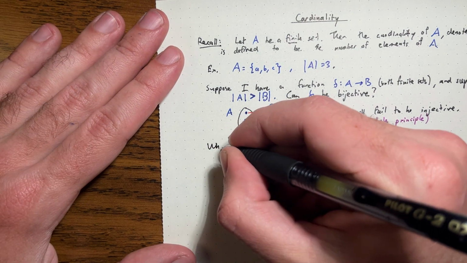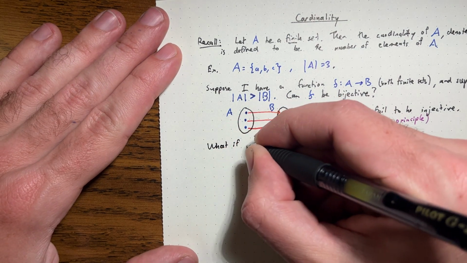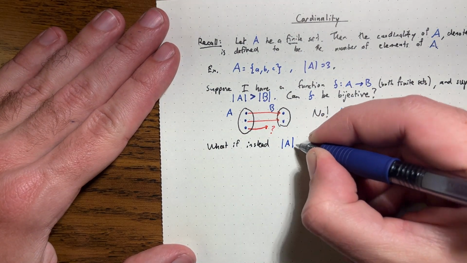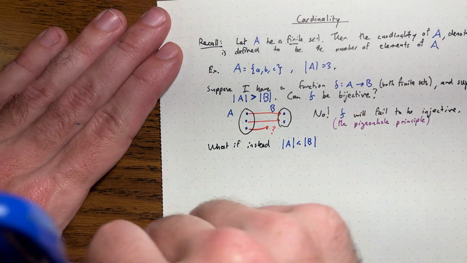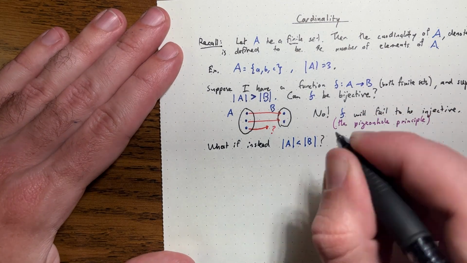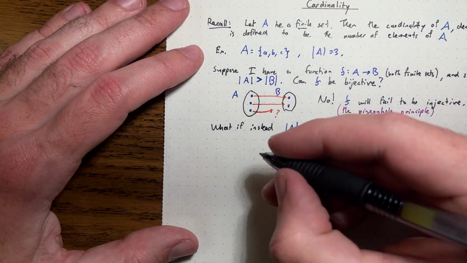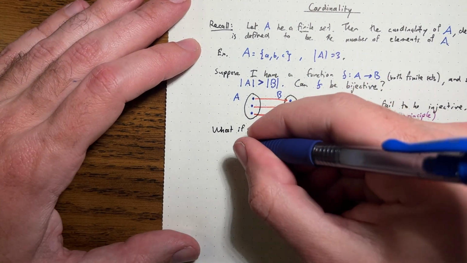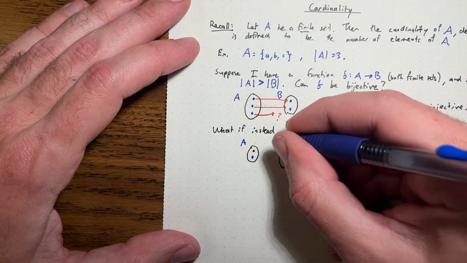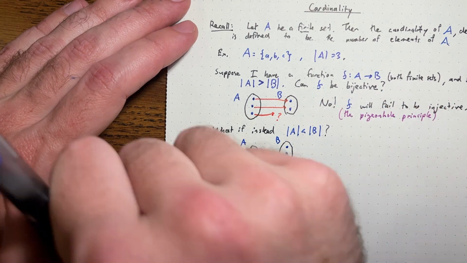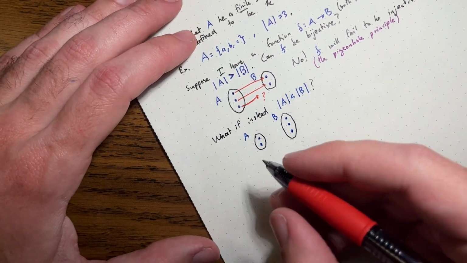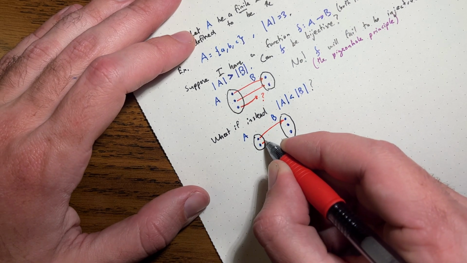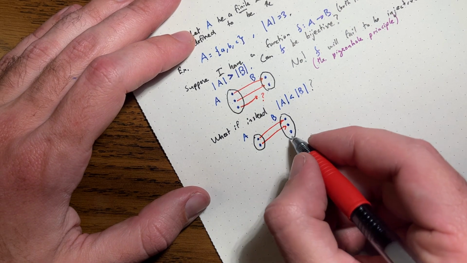What about the opposite? So what if instead the cardinality of A is smaller than the cardinality of B? What can we say about that kind of function? So let's again draw a picture here, but we're going to make A have 2 elements and B have 3 elements. Here's A, here's B, and let's create a function. So we need everything in A to go somewhere, so that'll go there, and then this has to go somewhere. Let's send it there, and again we see a problem, right?